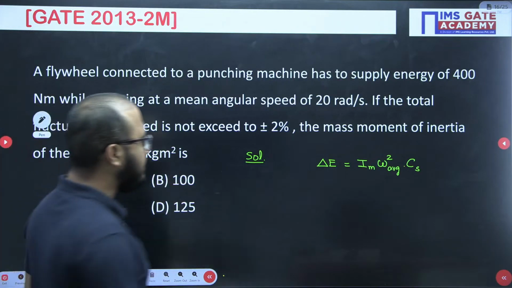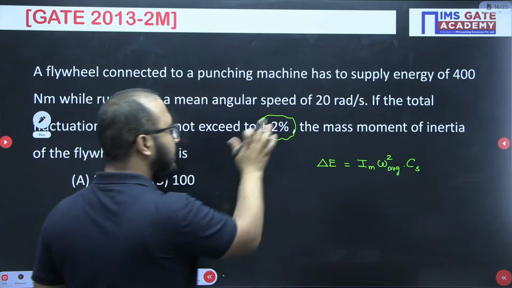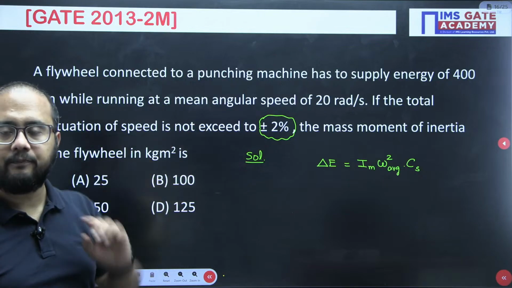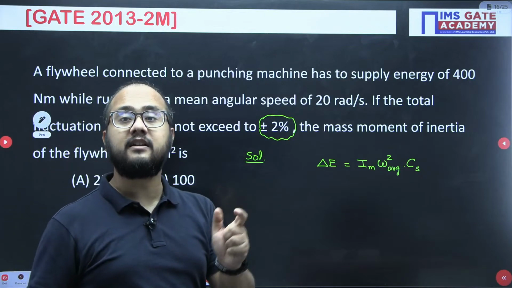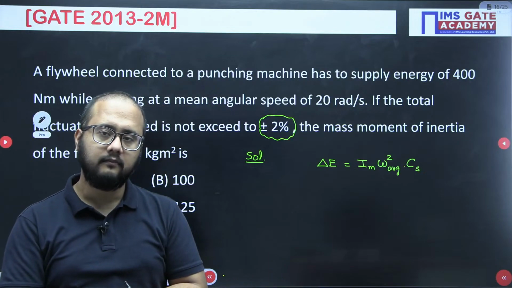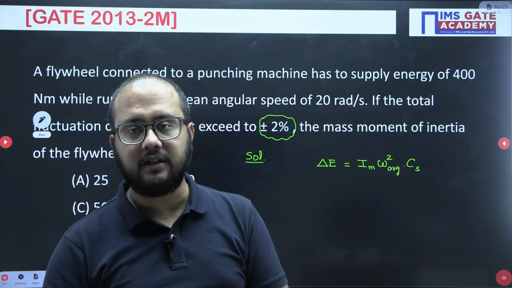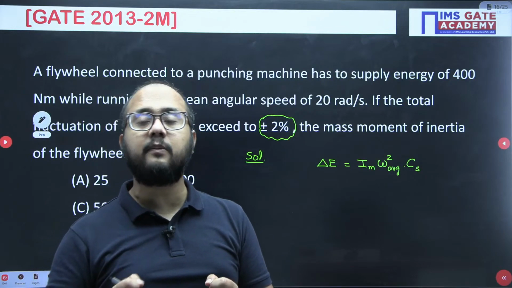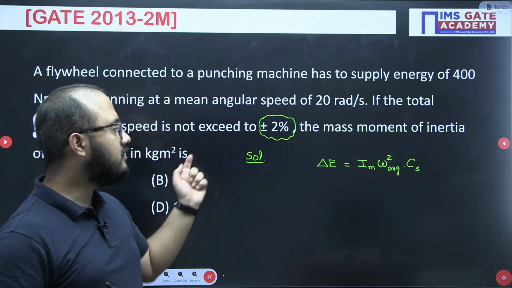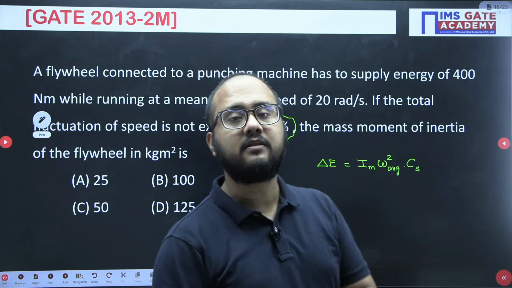Now what about Cs? Regarding Cs, this is very important. Sometimes we make a mistake in taking this value. It is mentioned plus minus 2. It means minus 2% to plus 2%. So the total value of Cs will be 4%, which means 0.04, and most of the time the mistake happens here.